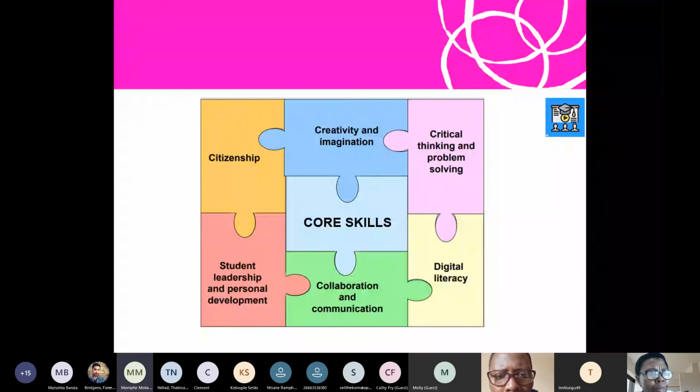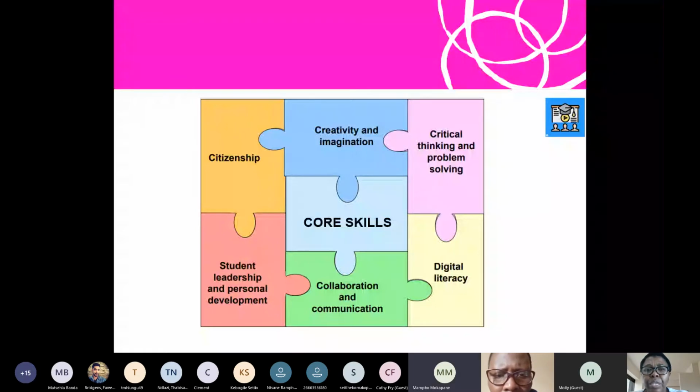Any hand there? Molly? Nothing on my side, says Voyo. Okay, so people are clear of the 6 core skills that we are supposed to be covering.